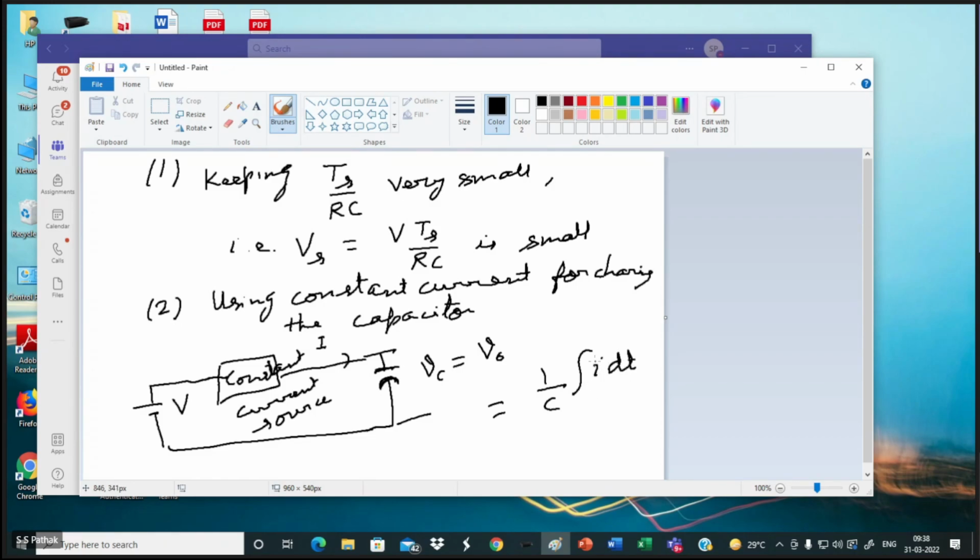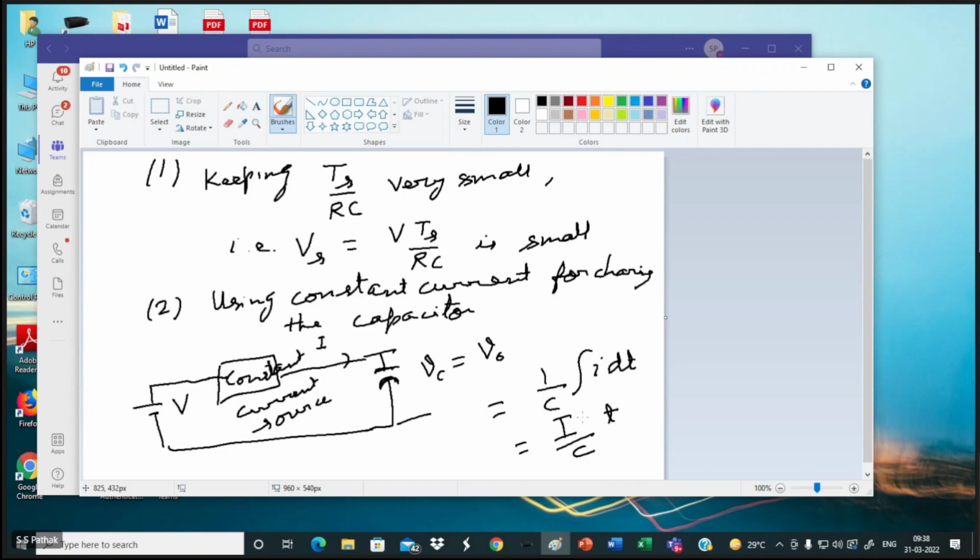And this I is constant now. Constant current. So that is I by C into T. So our V naught is I divided by C into T.